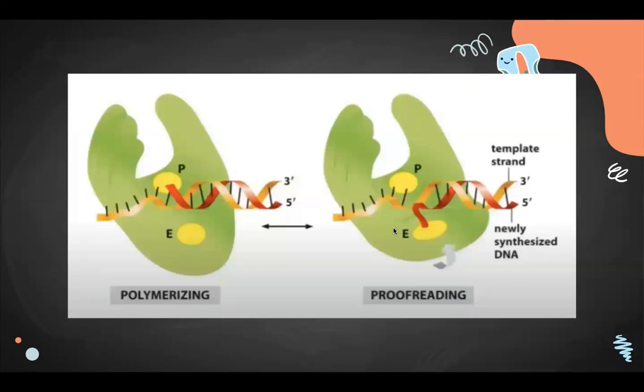So the polymerase theoretically is supposed to look like a hand, like this, with the fingers and the thumb. And while it's polymerizing, adding the nucleotides, the proofreading domain, which is the exonuclease domain, is constantly checking the newly added pairs, just to make sure that all the mistakes are being caught.